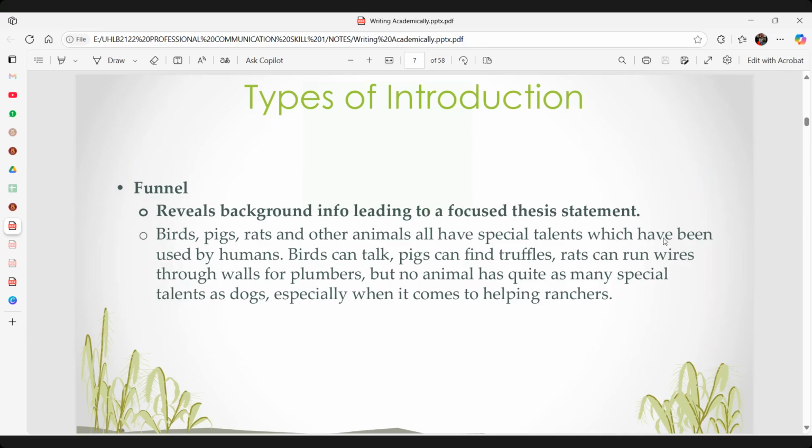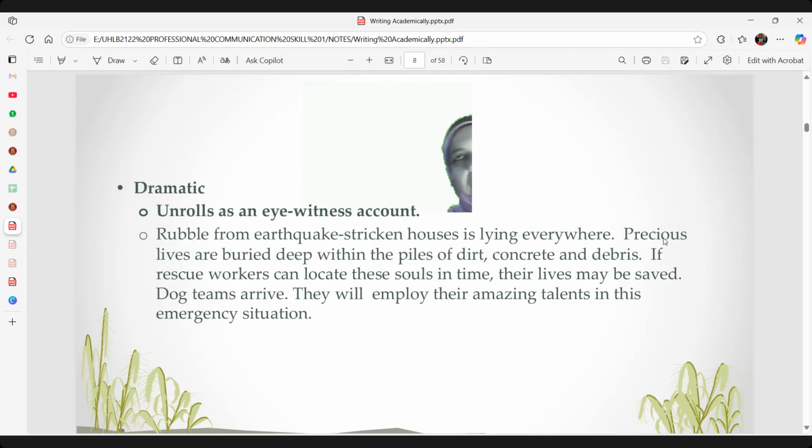The example is the second bullet. You can read it on your own. I don't intend to read it for you because I believe that is your own task and responsibility. Okay, dramatic. I wouldn't suggest you use dramatic as your introduction either. Again, it's not wrong.